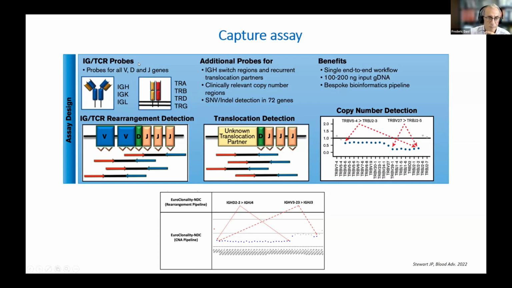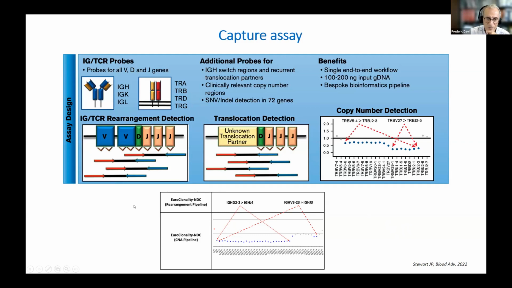So they put probes to cover all the antigen receptor genes, but also, which is interesting, to detect translocations, with probes for switch regions and genes which often translocate to those immunoglobulin or TR genes.